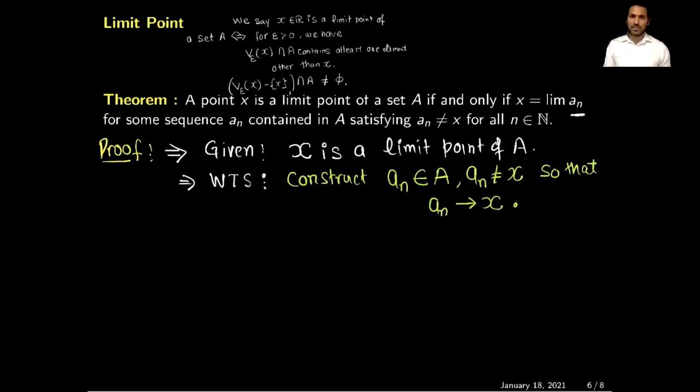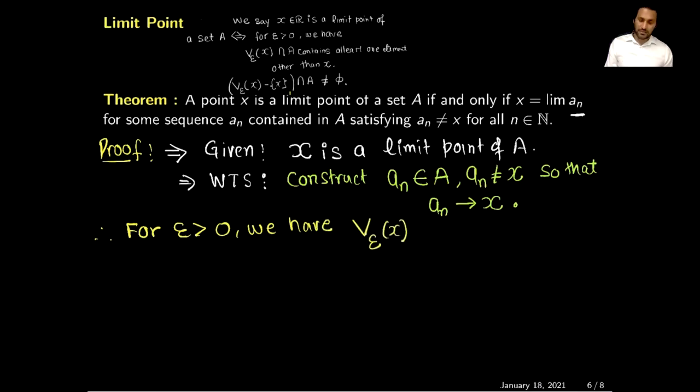We will start from what is given. x is a limit point, so I will use the definition of a limit point. Since x is a limit point, it means for all epsilon, if I take the epsilon neighborhood of this point, take x away from this interval, and then intersect that with A, that intersection will be non-empty.